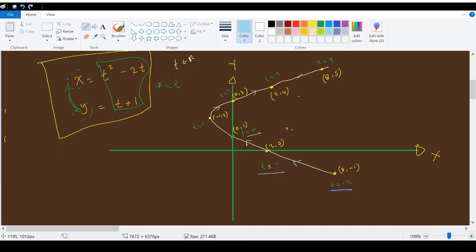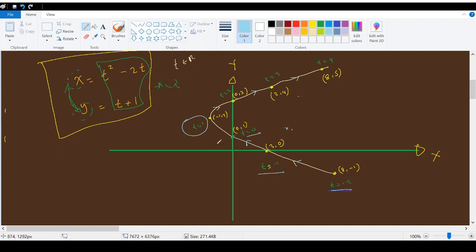The meaning of this arrow is that it represents the increasing direction of the variable t. So it gives an idea about the position of the x and y coordinates as t increases, right?